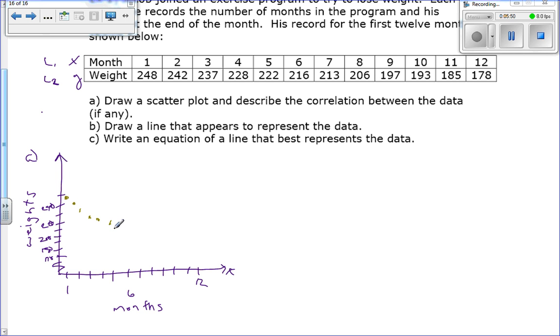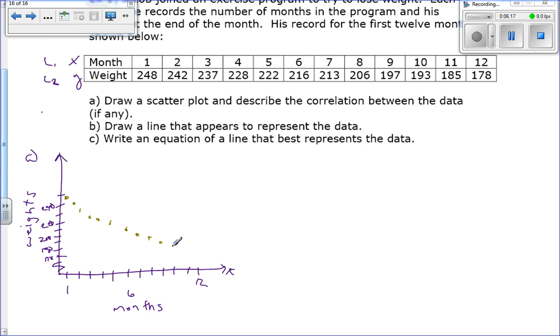Month 6 is 216. Month 7 is 213. Month 8 is 206. Month 9 is 197.